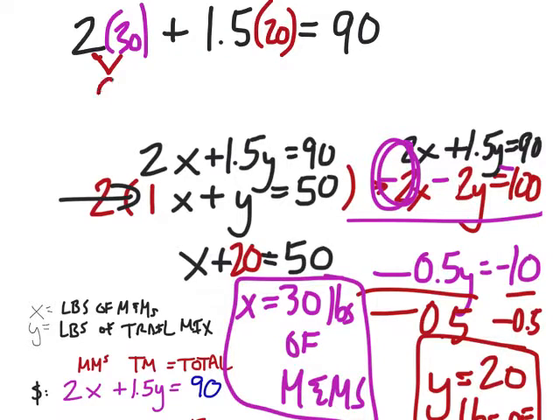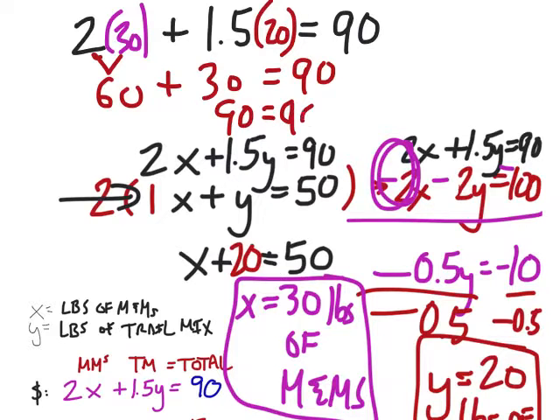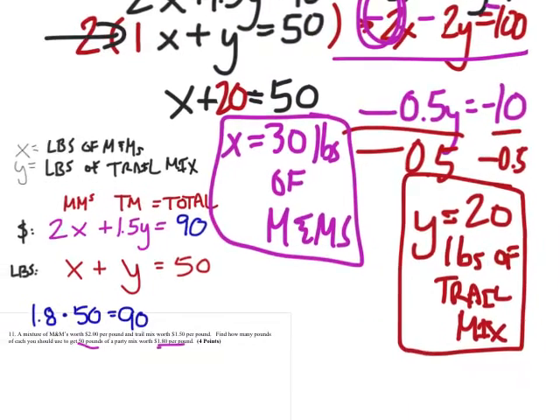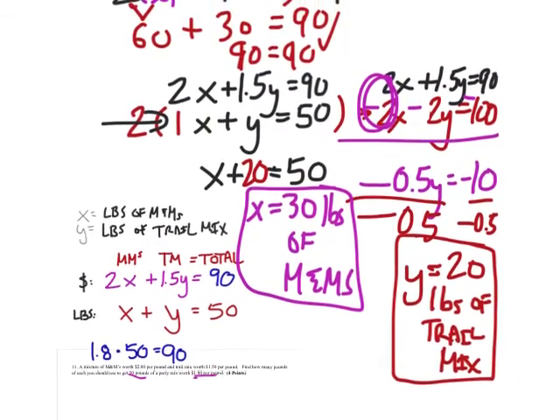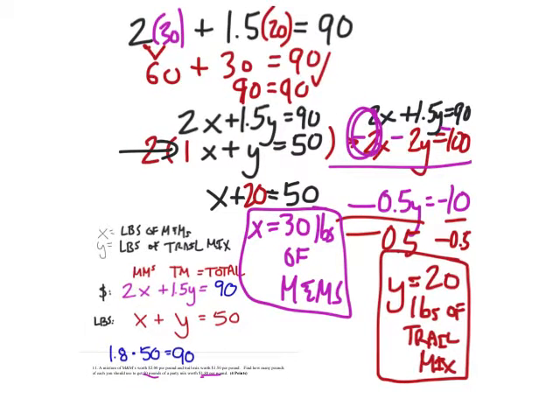So 2 times 30 is 60, plus 1.5 times 20 is 30. This should equal 90, and it does. 90 equals 90. So we checked our work, and we have our answer. We've written them both separately there. And there we go: 30 pounds of M&Ms, 20 pounds of trail mix.